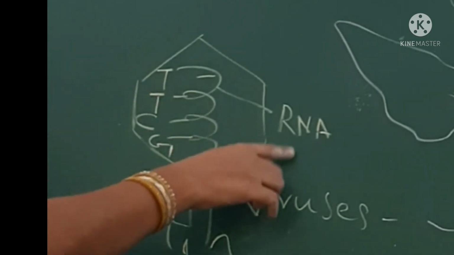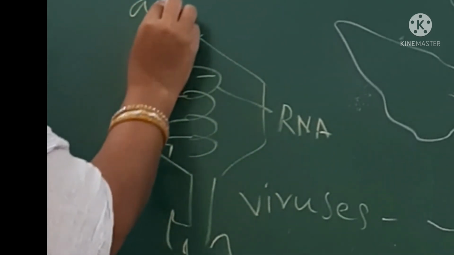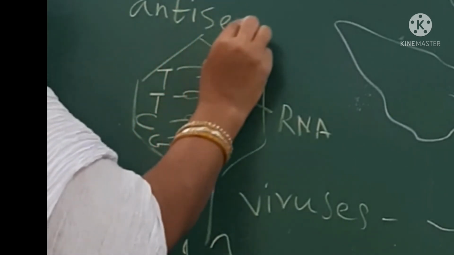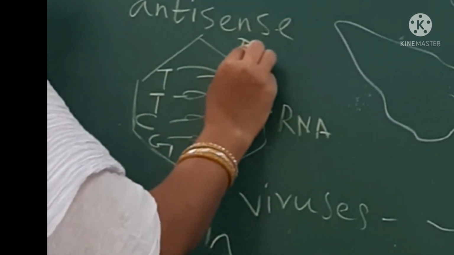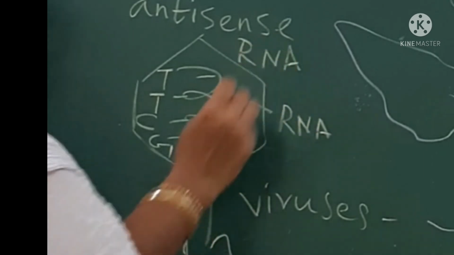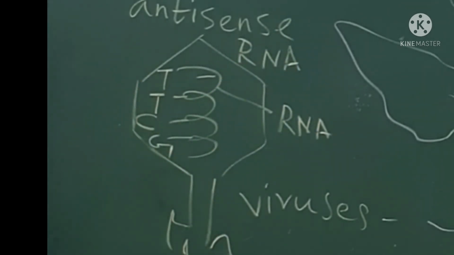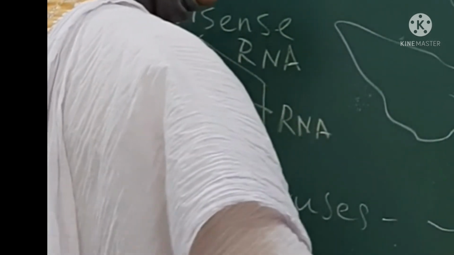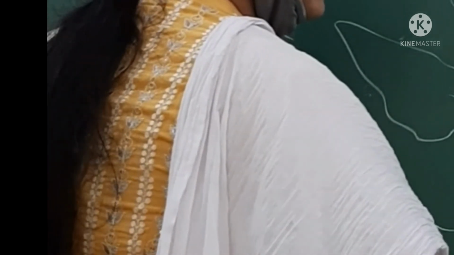Now this RNA is called antisense RNA. They call it antisense RNA, and the RNA of the Meloidogyne they simply call sense RNA.